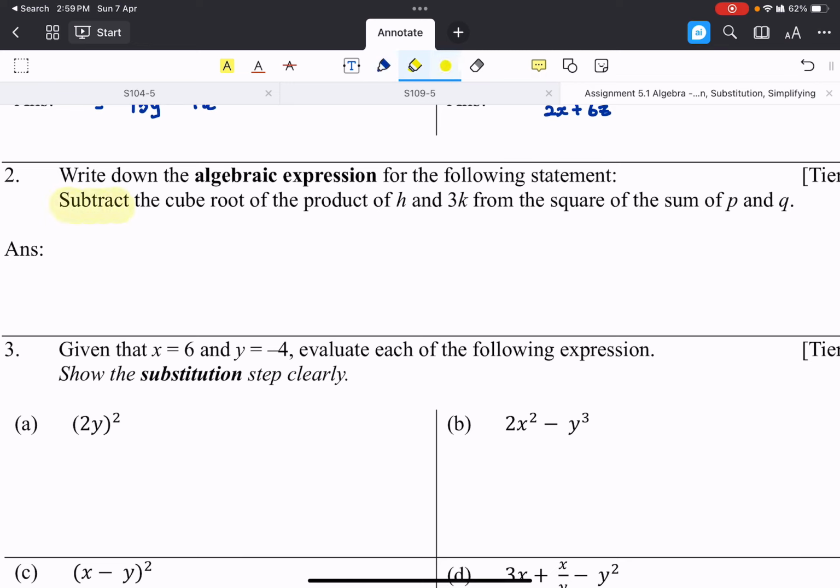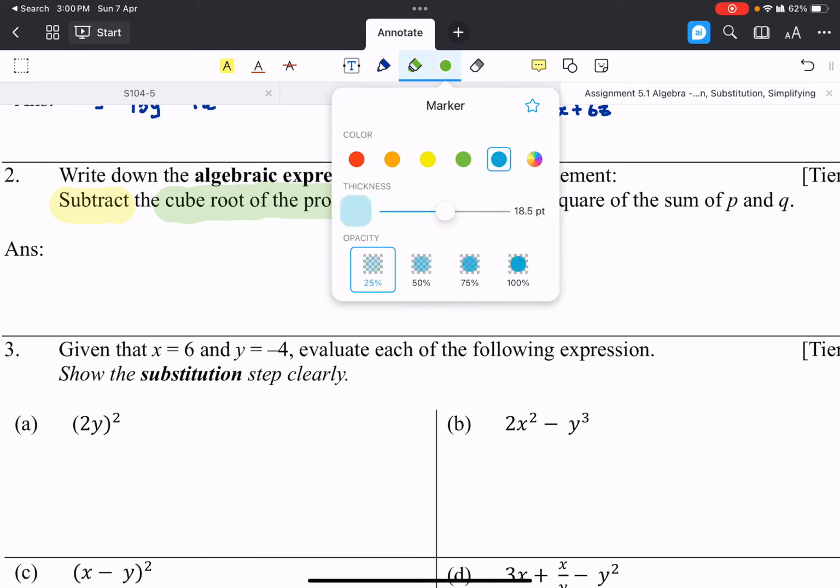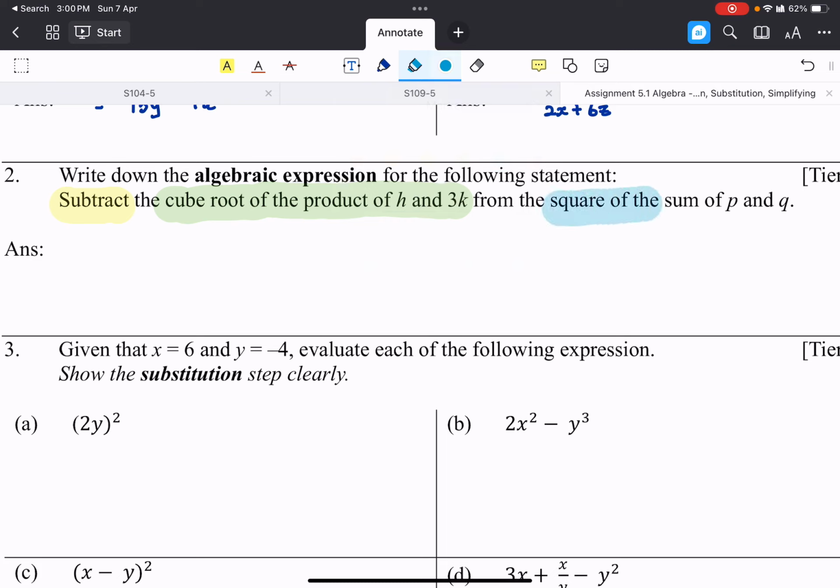First, there's going to be a subtraction at the end, right? And then we have the cube root of the product of h and 3k. That's another section, let's use a different color. And then another section where we have the square of the sum of p and q. Since it's a subtraction of something from something, so it's subtracting the green from blue, let's write down the blue section first.